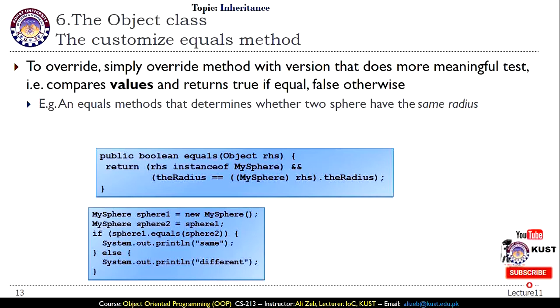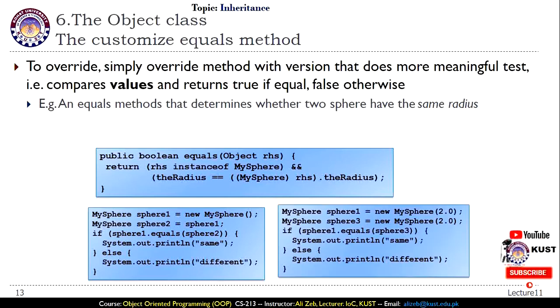Again, looking at the equals method code, we are trying to check, since this object is a superclass type, and we said that it can possibly contain references to objects of subclasses as well.